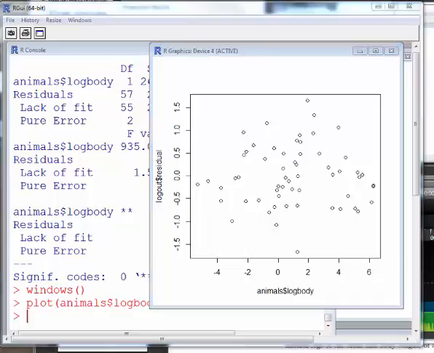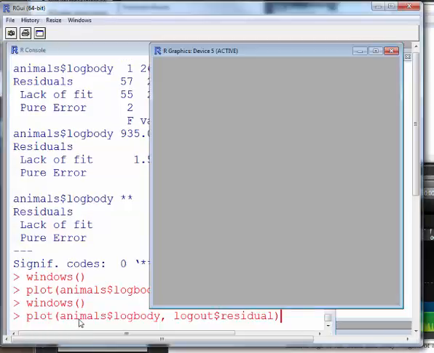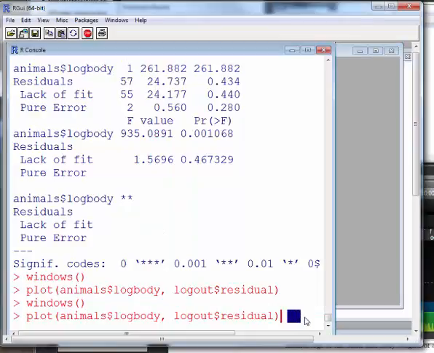I could certainly run some tests for that, like for checking for normality. I could look at a histogram of the residuals.